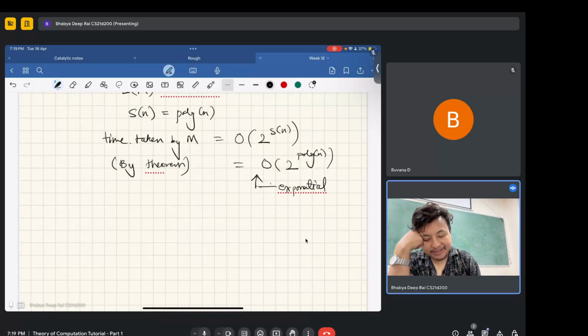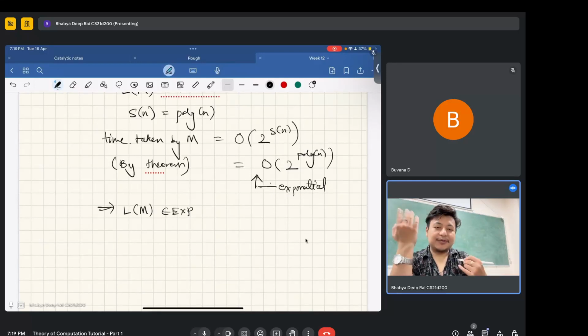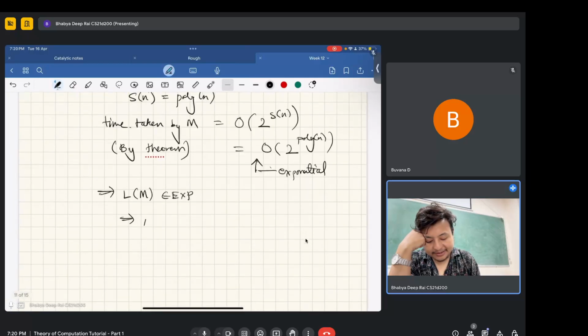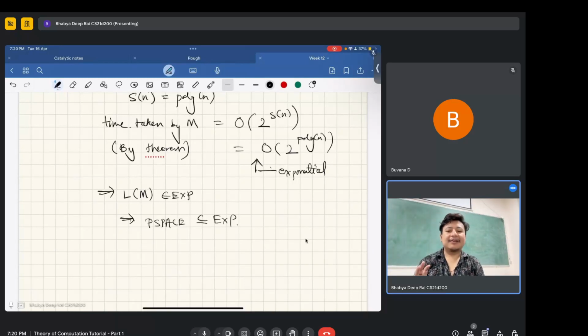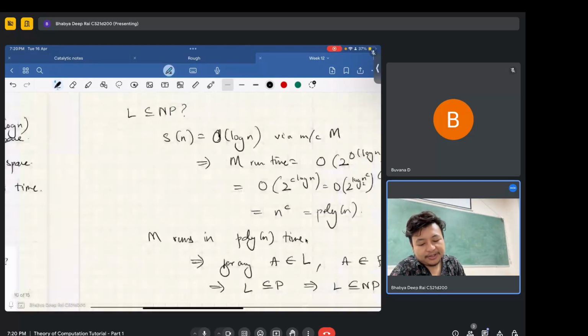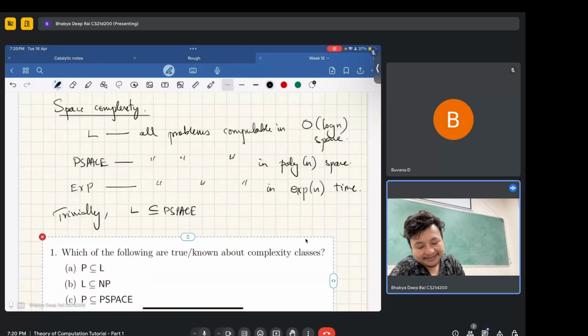This means that the language of M is in EXP, and since we took an arbitrary L, any language you give in PSPACE can always be computed by an exponential time Turing machine. This is how space and time are related.